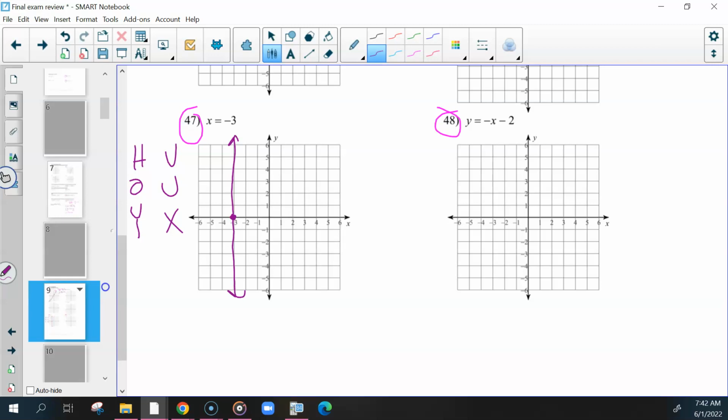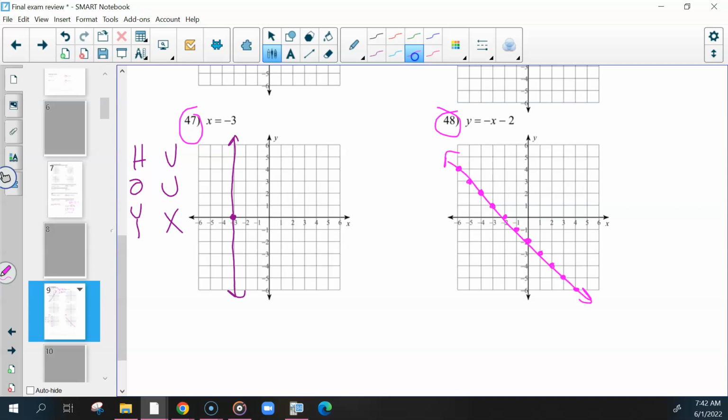For 48, this has an x and a y, so our y-intercept is going to start at -2. Our slope is -1, so we're going to go up 1 to the left 1 as many times as possible. And down 1 to the right 1 as many times as possible. Remember that down and left are both negatives, but we can't have them together, otherwise that's a positive.